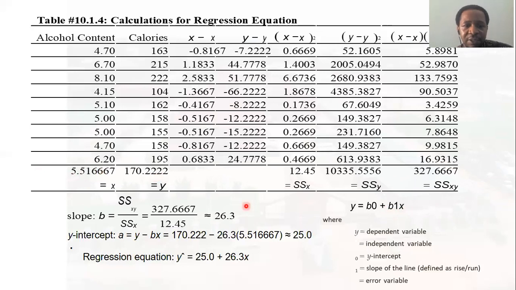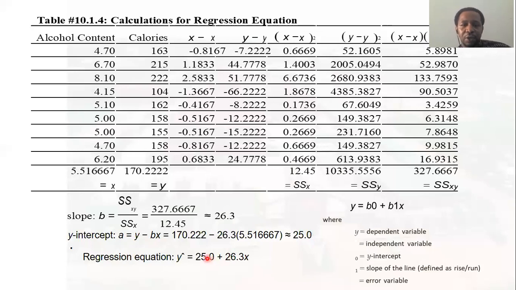When you multiply 26.3 by this, and then subtract the value from 170.22, you end up getting 25.0. Having gotten this value, you simply substitute your alpha value, 25.0, into this equation.